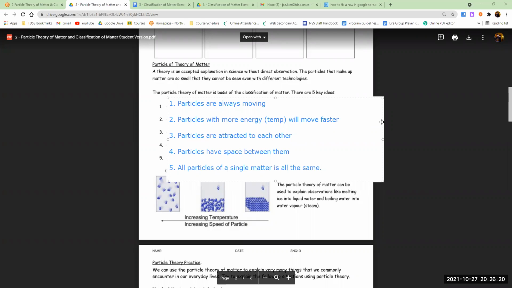All particles that make up salt, we would say, are all the same. So using these 5, as simple and obvious as they might be, they can actually help explain a lot of different phenomena in this world.